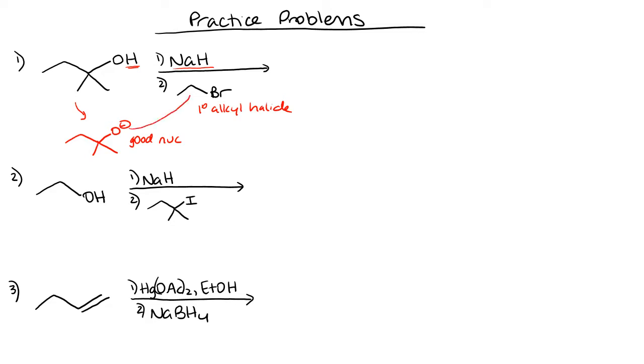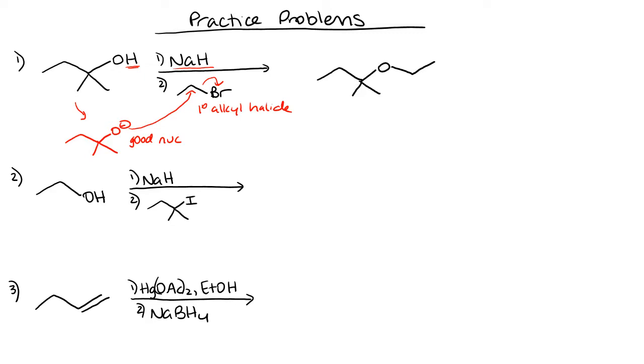So it'll come in, attack the carbon containing the leaving group, and kick off the leaving group. Ultimately, what we will produce is an ether where we've added 2 more carbons to the oxygen atom. So again, this is a great way to make an unsymmetrical ether.